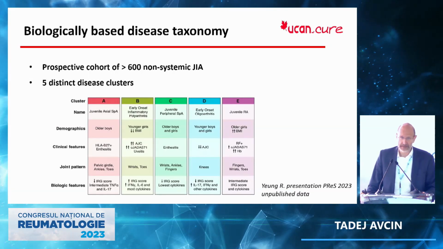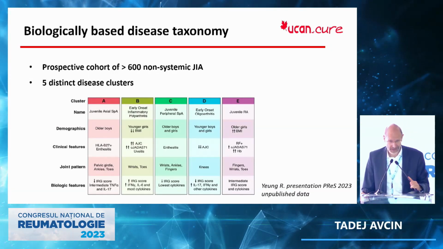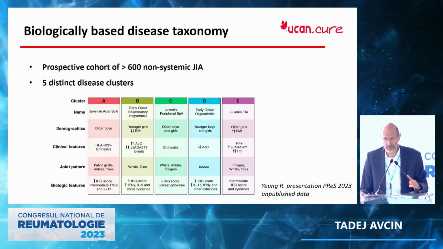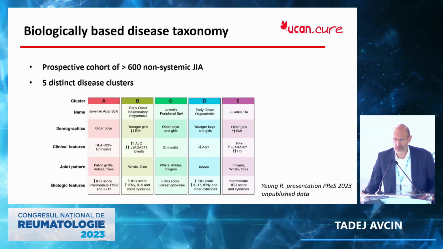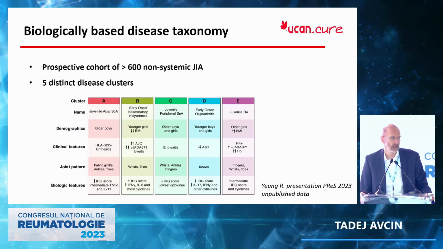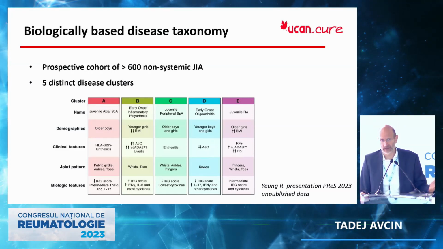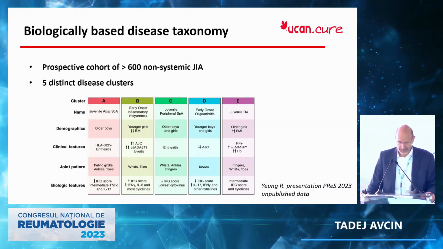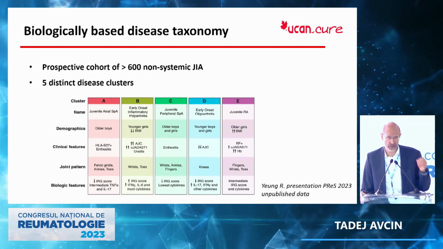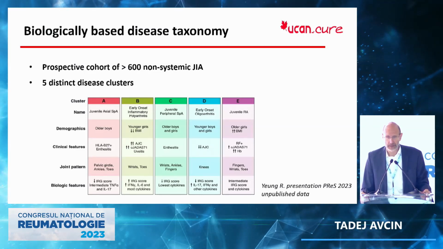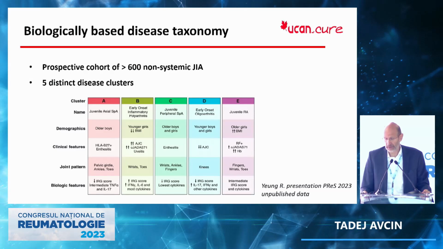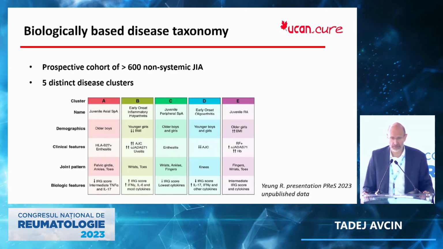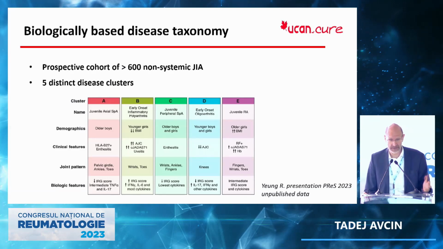Ray Young presented data that were not yet published, based on 600 non-systemic JIA patients who were prospectively recruited. These patients were analyzed with a systems biology approach regarding clinical features, involvement of joints, and biologic features, and they were able to identify, in an unsupervised manner, 5 clusters of this disease.